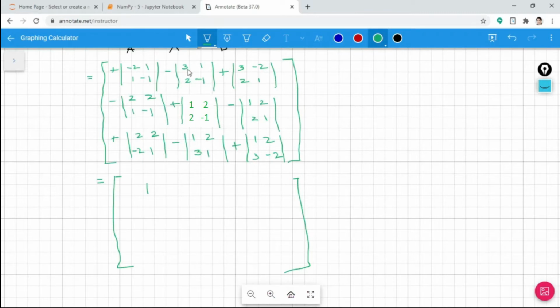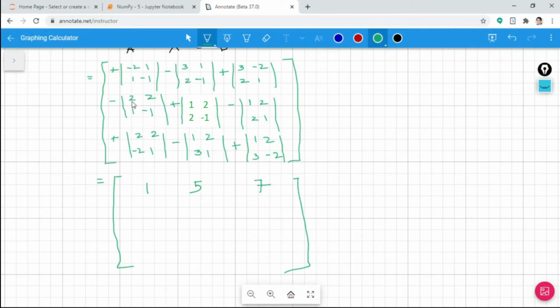So this will be negative 3 minus 5, so this one is negative 5. It becomes positive 5 because of the negative. So this one is 1, 5. Then 3 minus 4, actually 3 plus 4, so this will be 7.